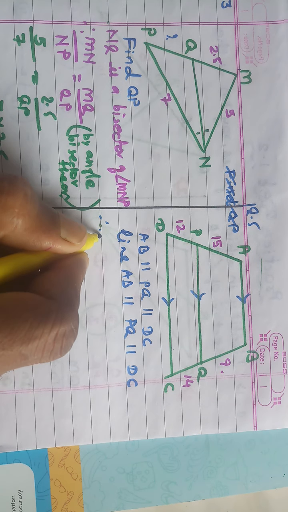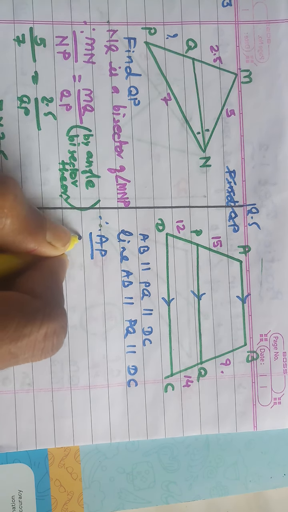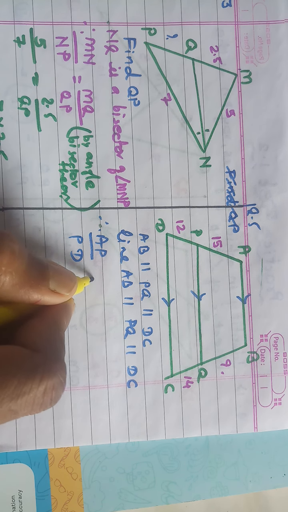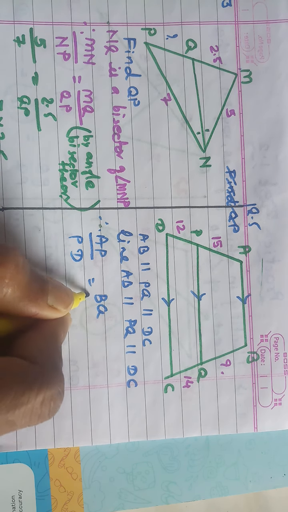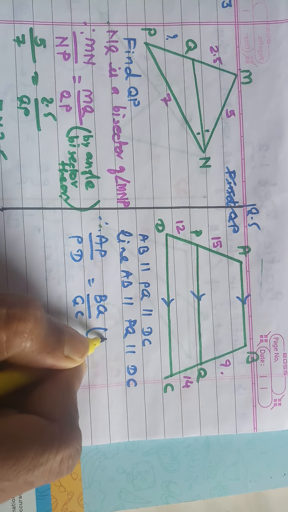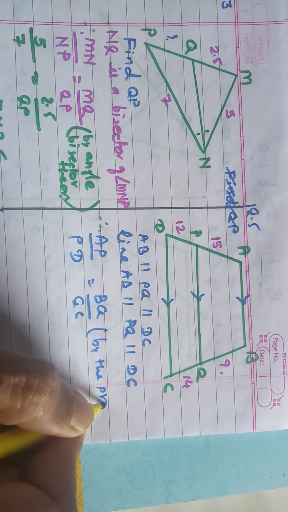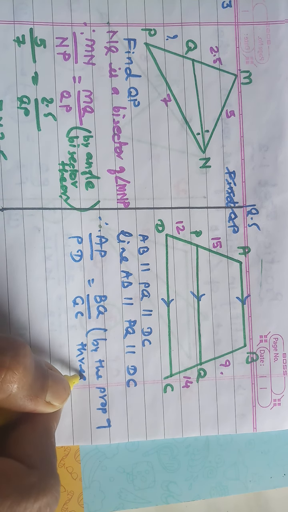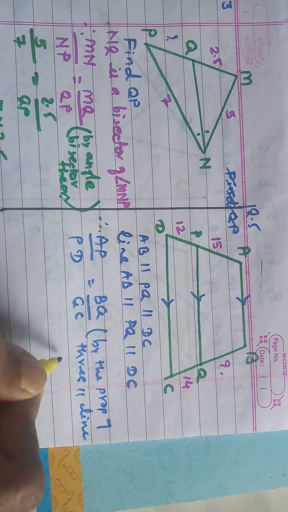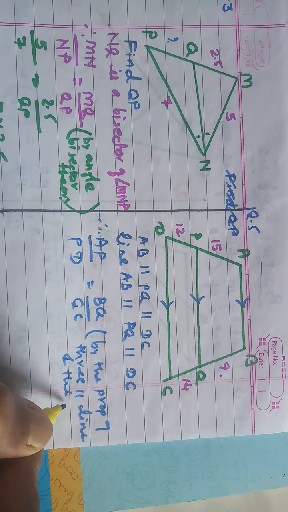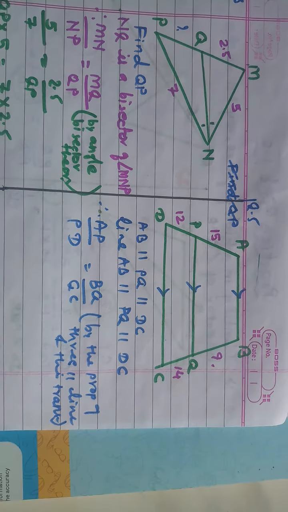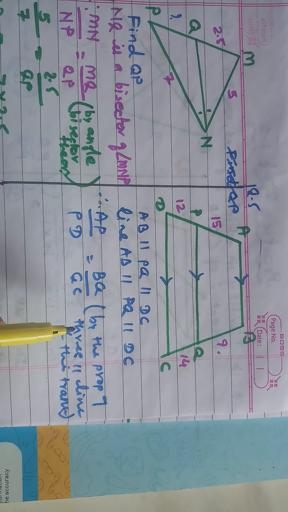Therefore AP upon PD is equal to BQ upon QC by the property of three parallel lines and their transversal. If you want, you can write just the property of three parallel lines.